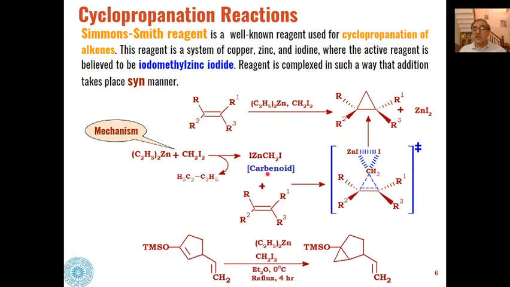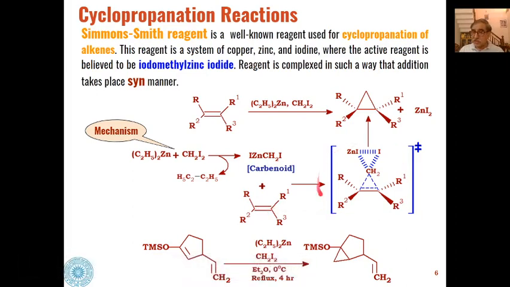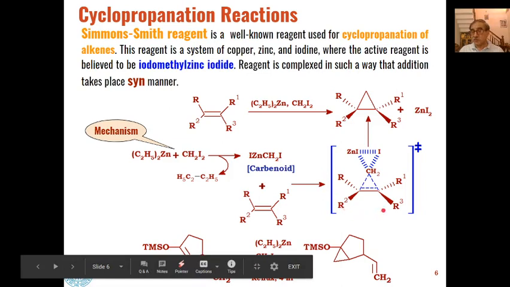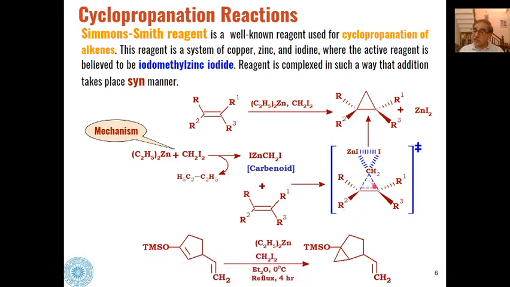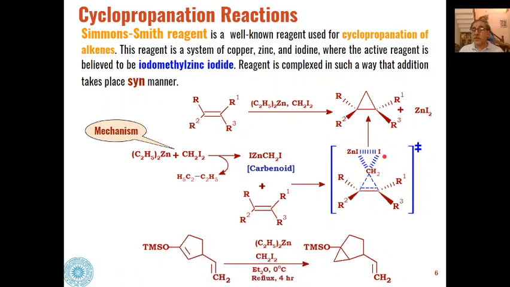And this is not a pure carbene, but a carbenoid, that is, a metal carbene complex is formed, and this metal carbene complex then adds to the carbon-carbon double bond through this type of transition state. So the methylene part will add to the carbon-carbon double bond, then zinc iodide will be removed from here, and we will get cyclopropanes as the product.